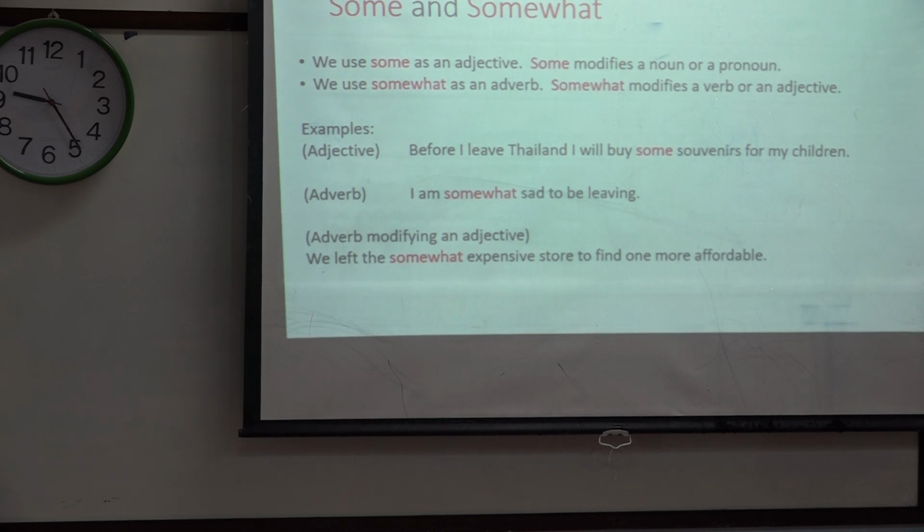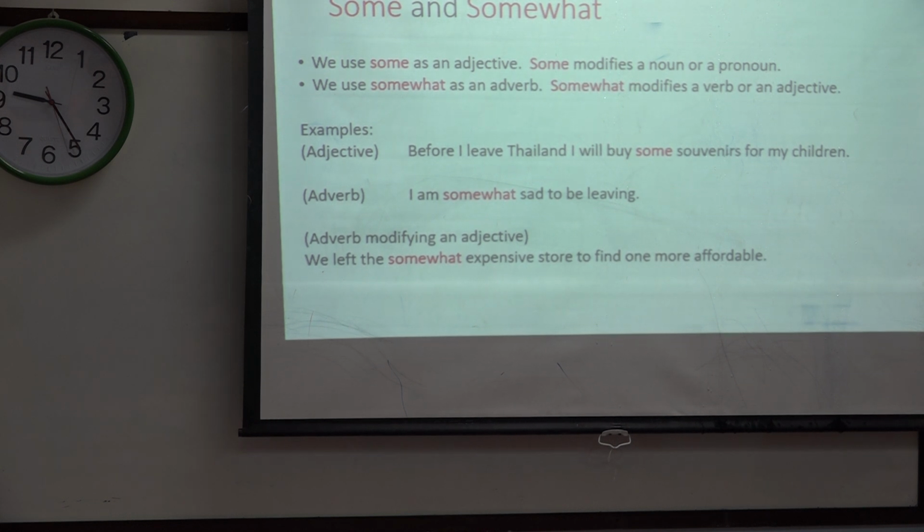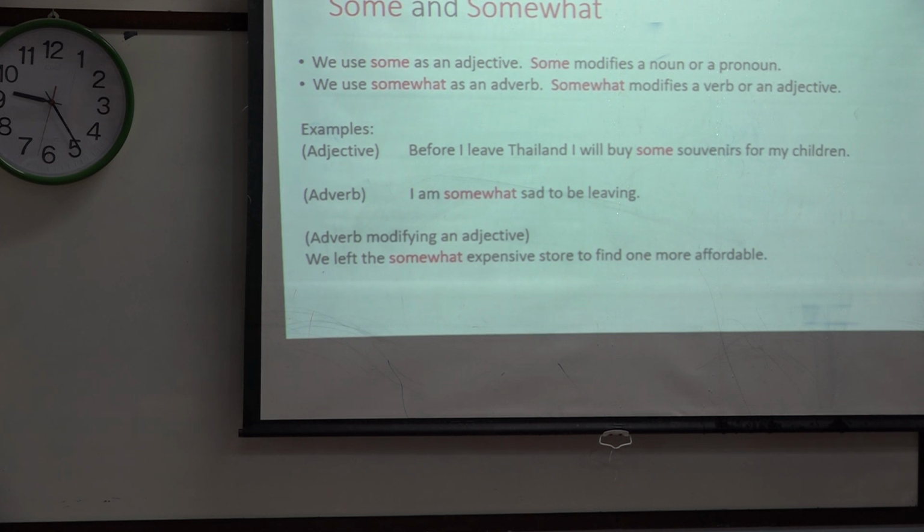Somewhat is an adverb. Now, this is new knowledge for you. An adverb we use to modify a verb, correct? An adverb can also modify another adjective. And I put an example here to show you.